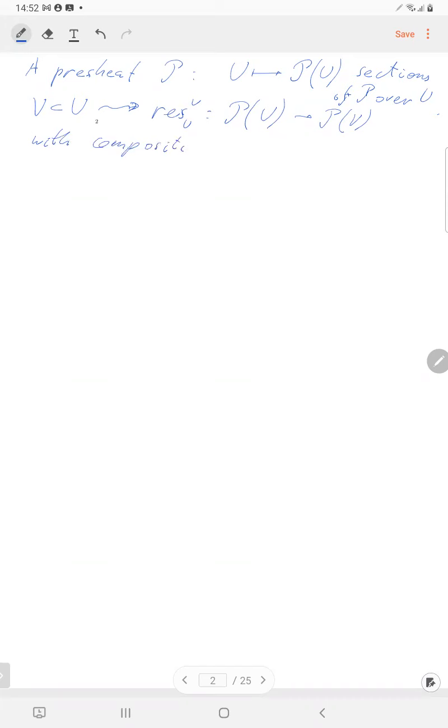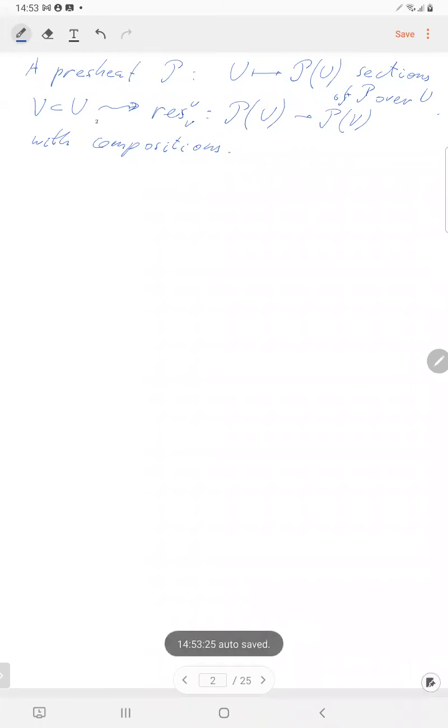Wouldn't it be more natural to write U on top and V on the bottom for the restriction? Okay, maybe so, but I'm not sure I will keep this tradition.